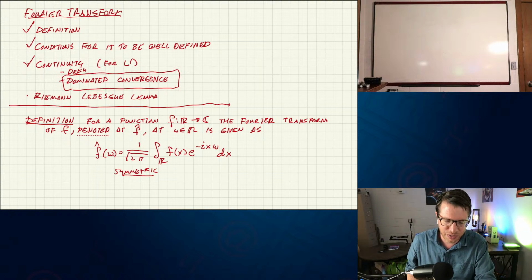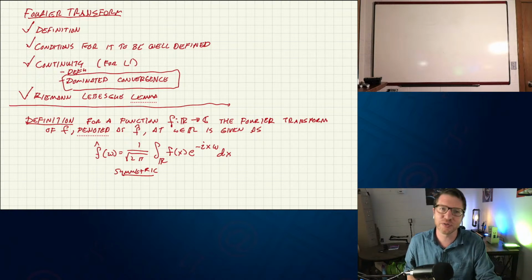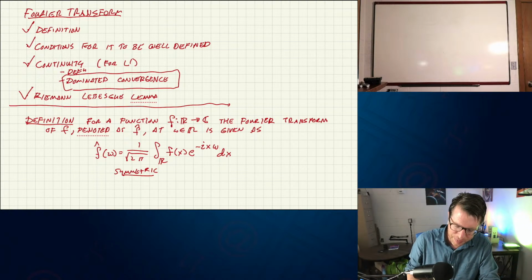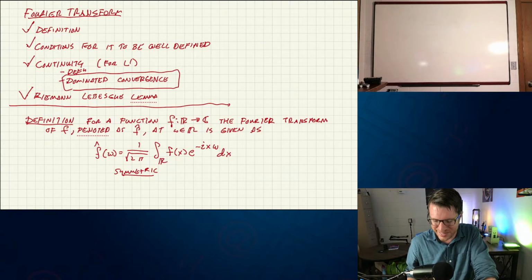And then we just showed the Riemann-Lebesgue lemma, which says that the Fourier transform of an L1 function goes to 0 as omega goes to infinity. Okay, so what I'm going to do is start trying to type this up, and I think I just need to take a quick break, get some water, use the bathroom, and I'll be back.